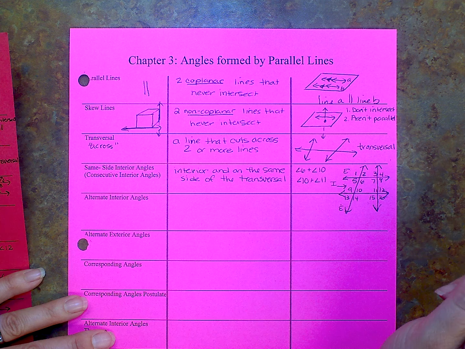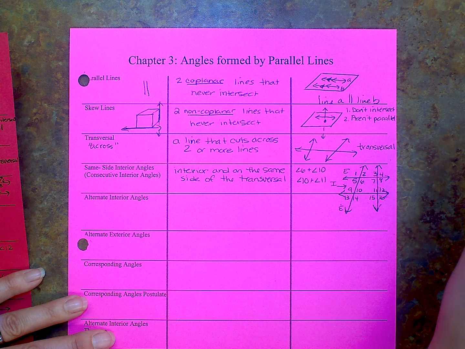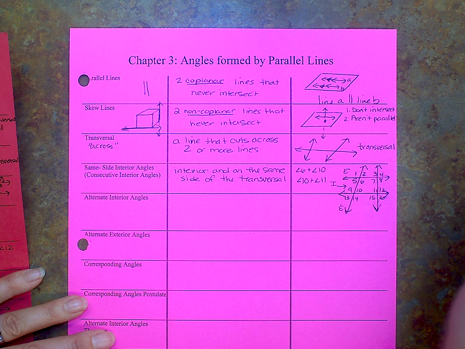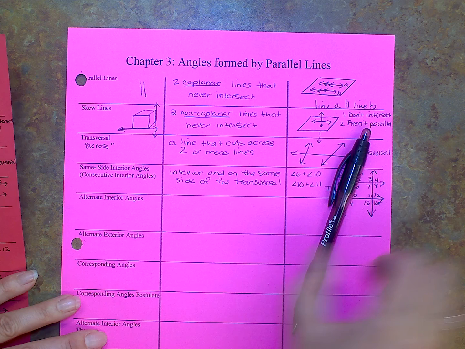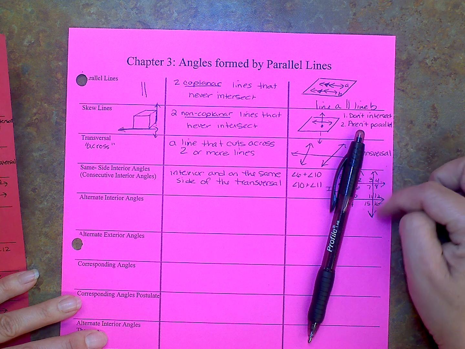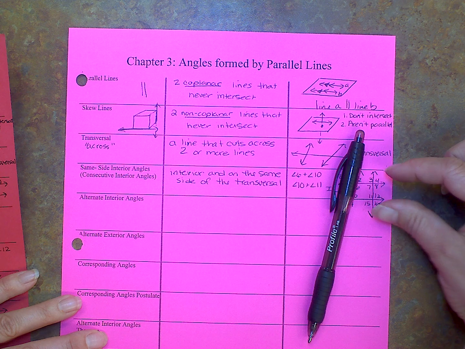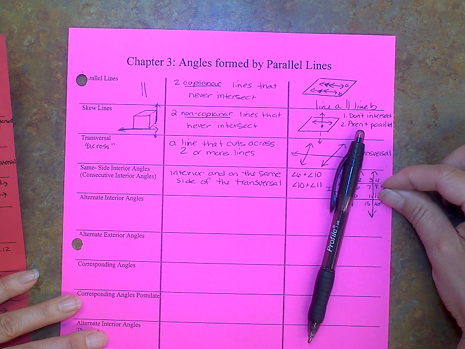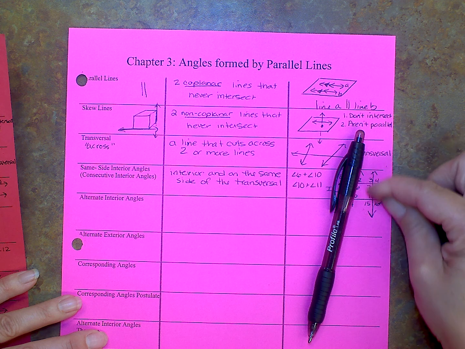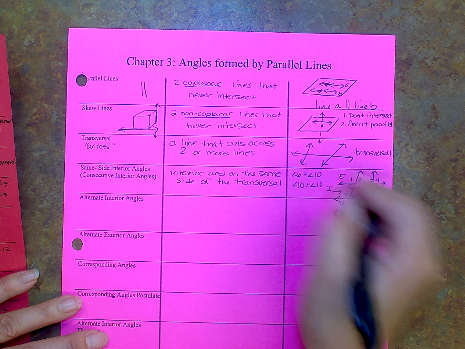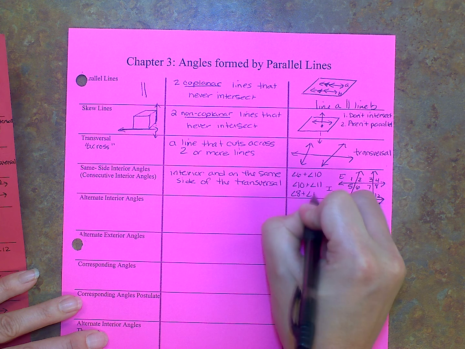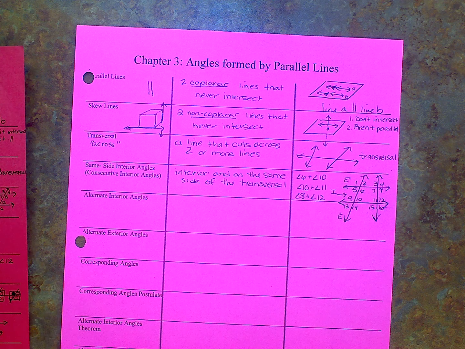Another set would be 12 and 8. So if we cover this one up and we focus on just this right side, 8 and 12 are between the two lines, and they're both on the same side of this transversal. So angle 8 and angle 12. So those are same side interior.